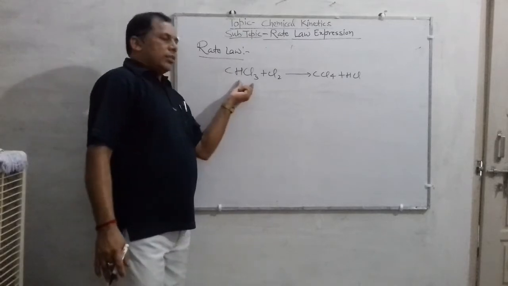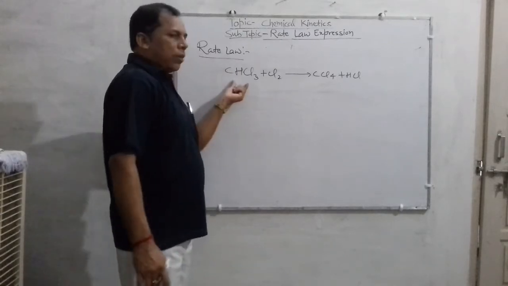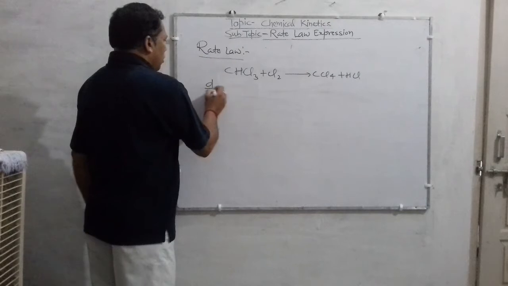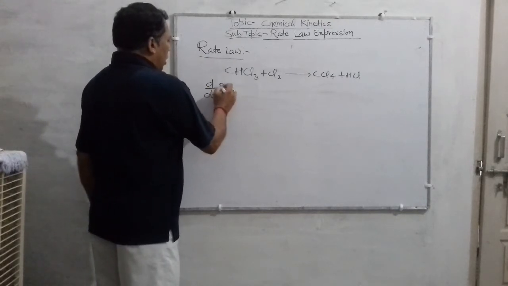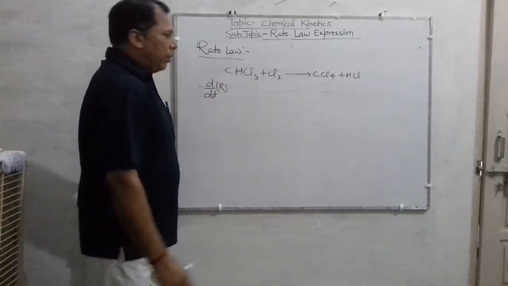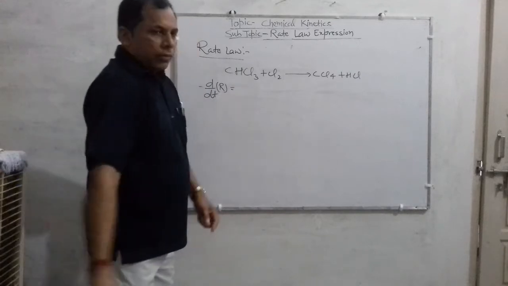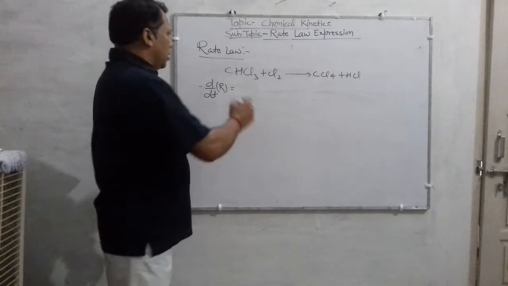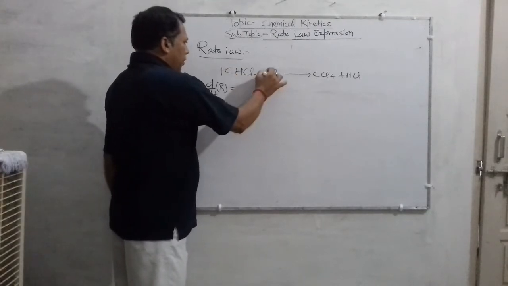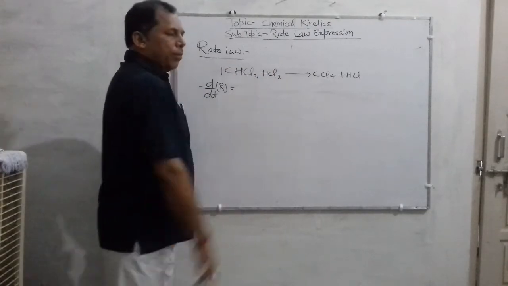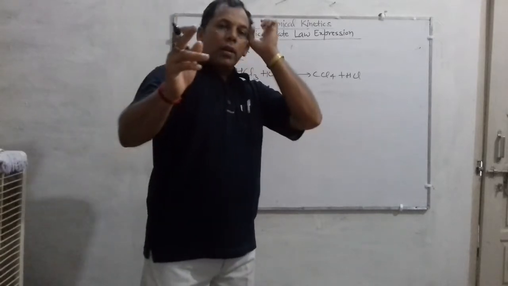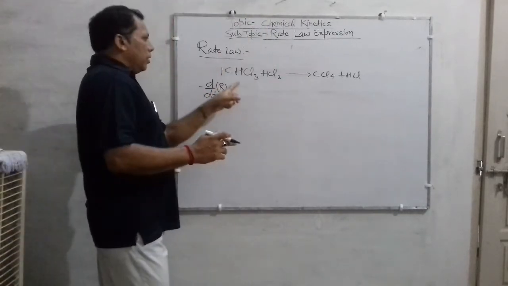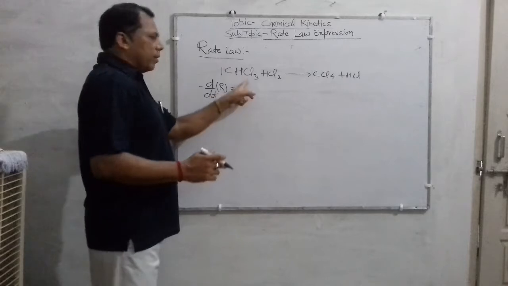In this reaction, suppose we have to write a rate law. So minus d by dt of R will be what, children? You are clearly observing that the stoichiometric coefficient of chloroform and chlorine both is 1. But find what will be the rate law for this equation.